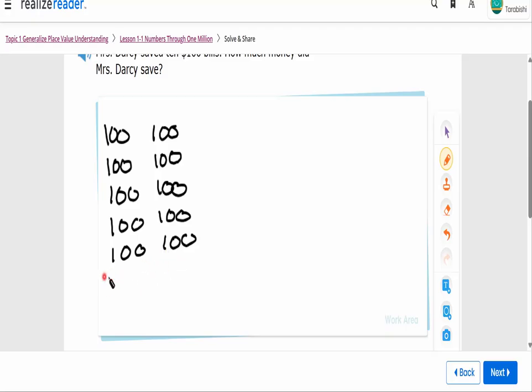So now we know that here we have $500 plus another, again, $500. And so if you're ever dealing with a question where it has a lot of numbers in it, don't forget you can break it apart into easier numbers as long as you keep the addends the same. So now I know that I have 500 plus 500, and that's a lot easier for me to add. So I know that I have $1,000 here. So Mrs. Darcy saved $1,000.